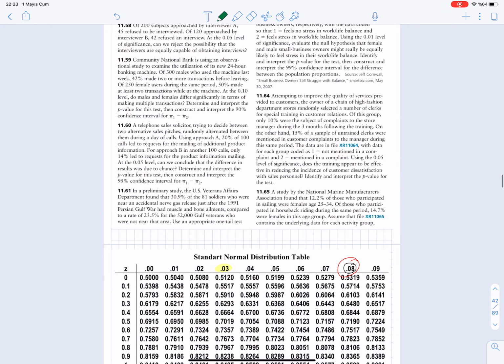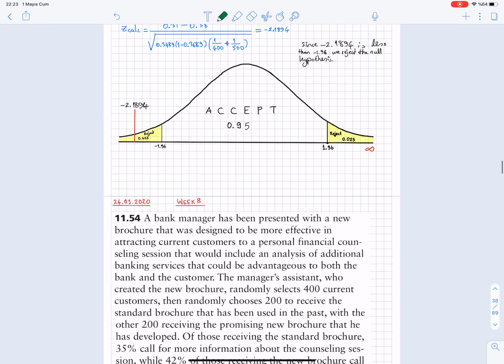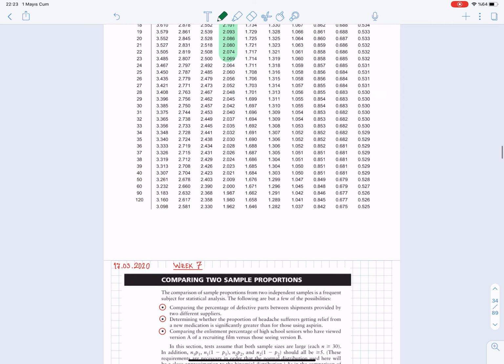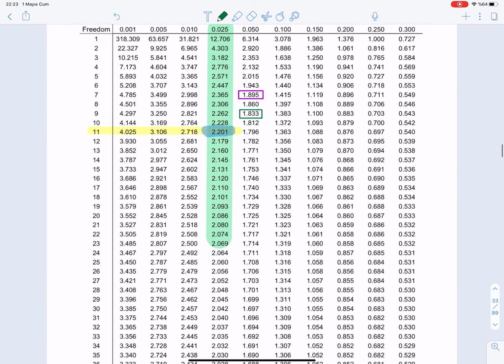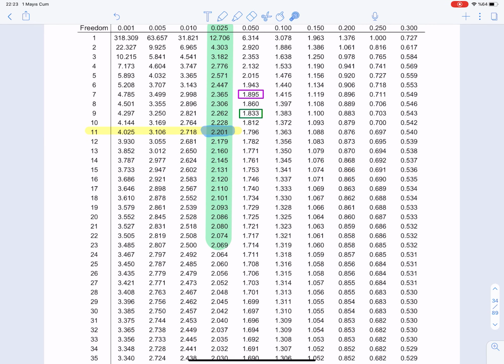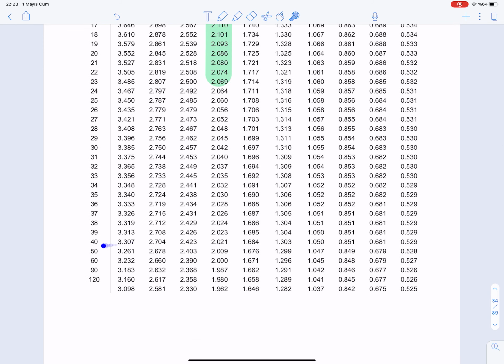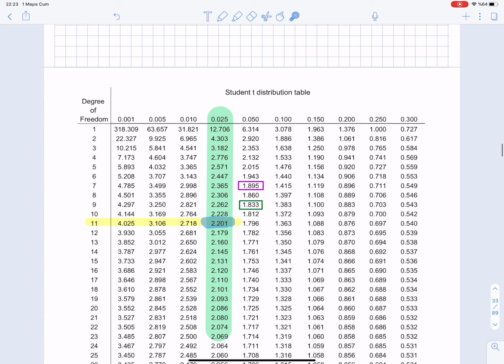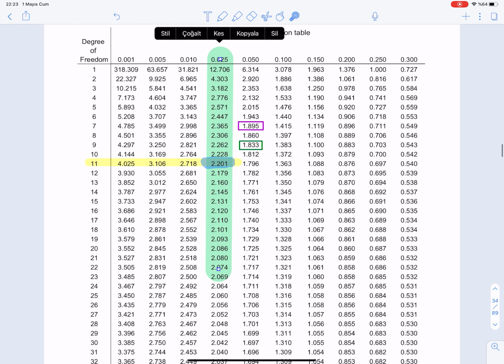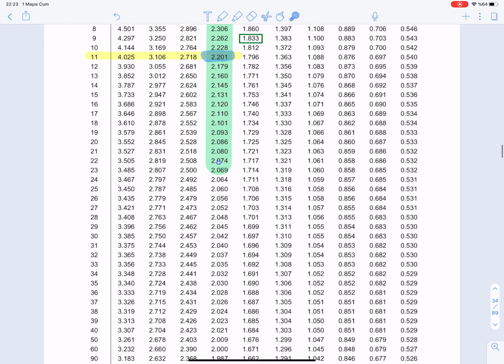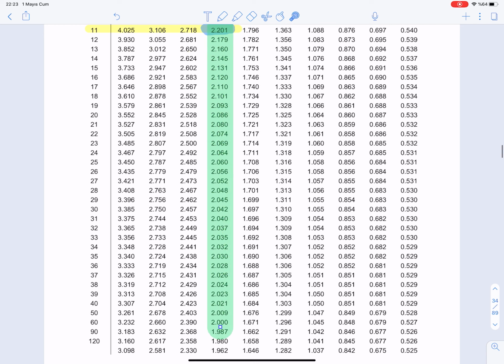I need to go back very quickly to the t table from the previous lectures. You all have this table, I guess. I need to look for the degree of freedom, 40, and get the 0.025 column, which is for alpha divided by 2.